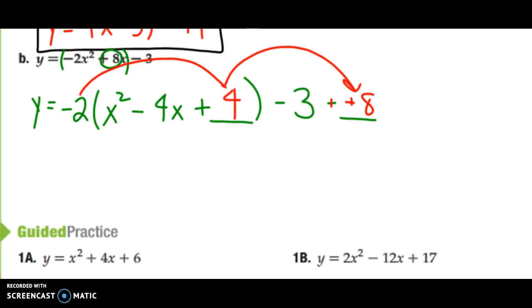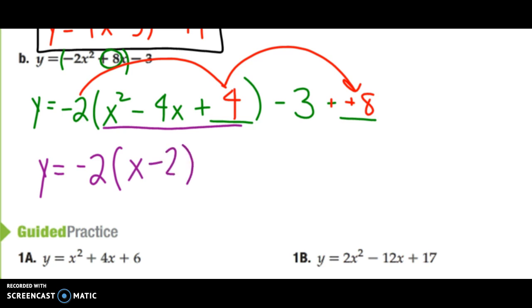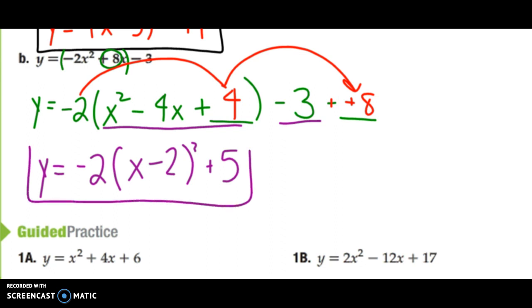So our final factored form, or vertex form, is going to be negative 2 on the outside. Now inside, perfect square trinomial, so we can do this: x, and then half of minus 4 is minus 2, or negative 2, squared, and then minus 3 plus 8 would be plus 5. So we now have this in vertex form.